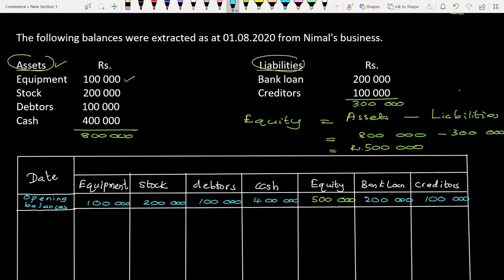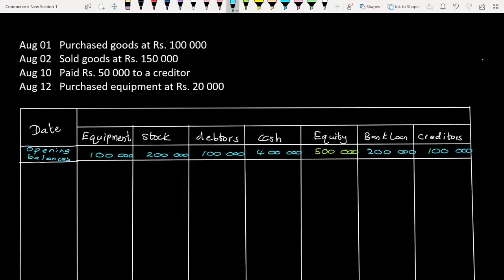Now it's time to record the impact of each transaction. The first transaction has occurred on August 1st. So let's write the date of this transaction in the date column. August 1st, or 1st of August. What is this transaction? It's purchased goods at 100,000 rupees.